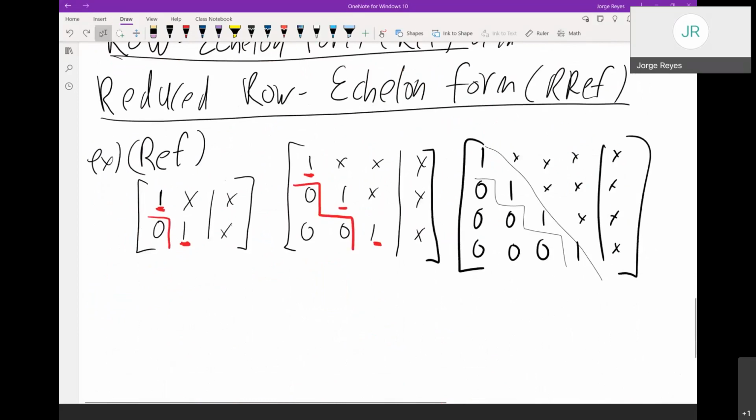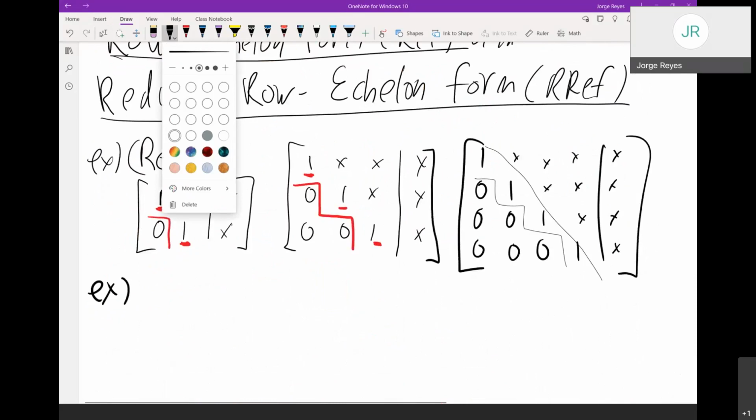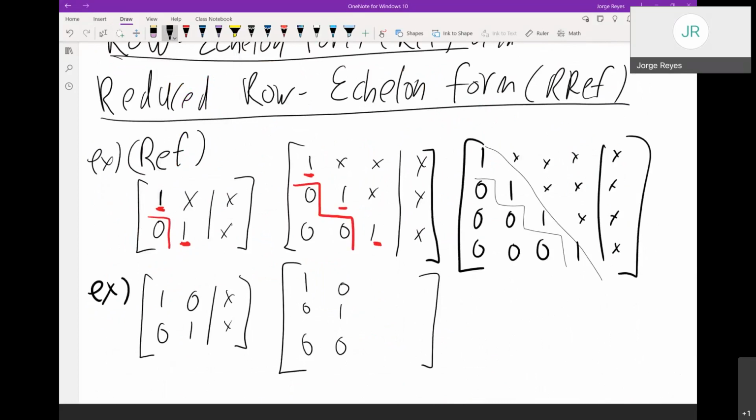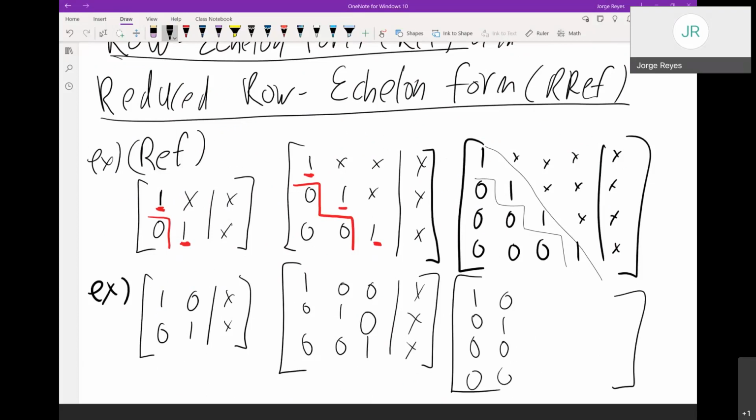Now, reduced row echelon form looks like this. For a 2x2, it now looks like this. A 3x3 is going to look like this. And then for a 4x4, it's going to look like this. I hope you see the difference.